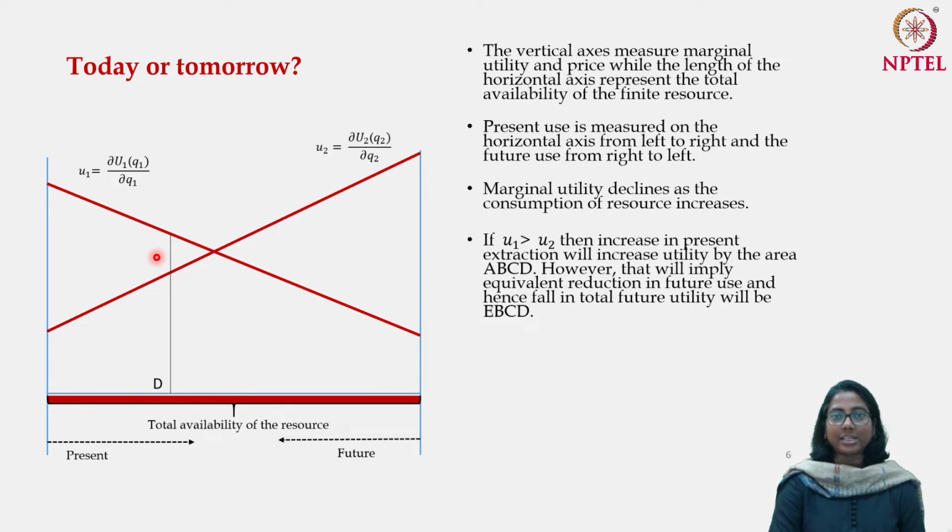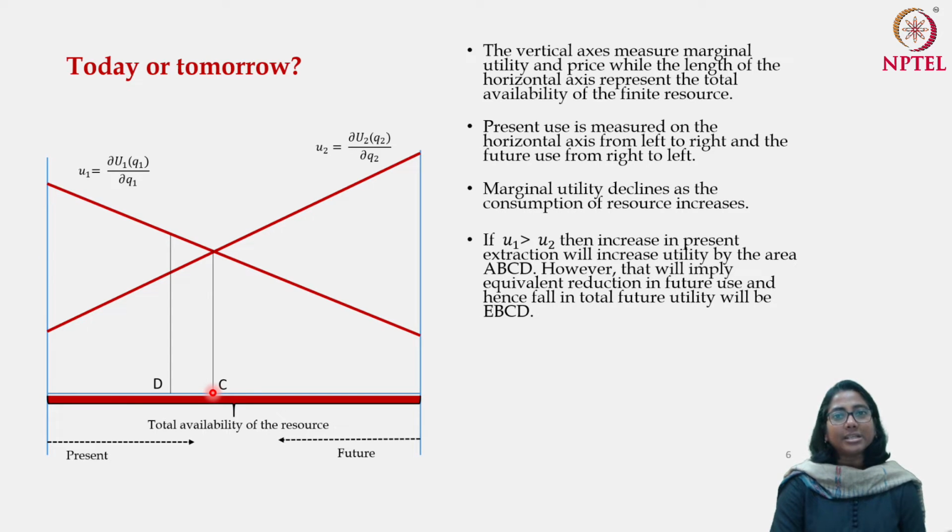If this is the case, if we are at a point where U1 is greater than U2, then if you increase today's consumption and leave less for tomorrow, what happens? Then you move to a point like C. So CD is your increase in today's consumption, and this is the decline in your future consumption. As you move from D to C, your present consumption is increasing.